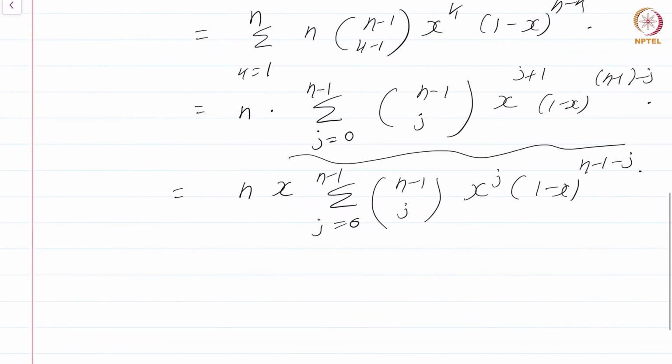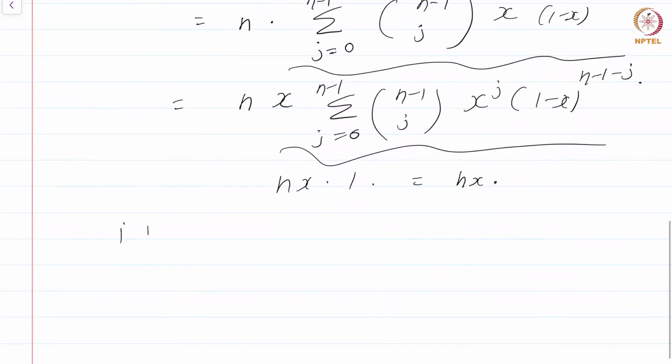Now this should look very familiar to you. From the first part, this is just 1. So this is nx into 1. We are just summing up over all Bernstein polynomials of degree n minus 1 now. That sums up to 1, so you get nx into 1, which is nx. That's it. This concludes the proof of identity 2.